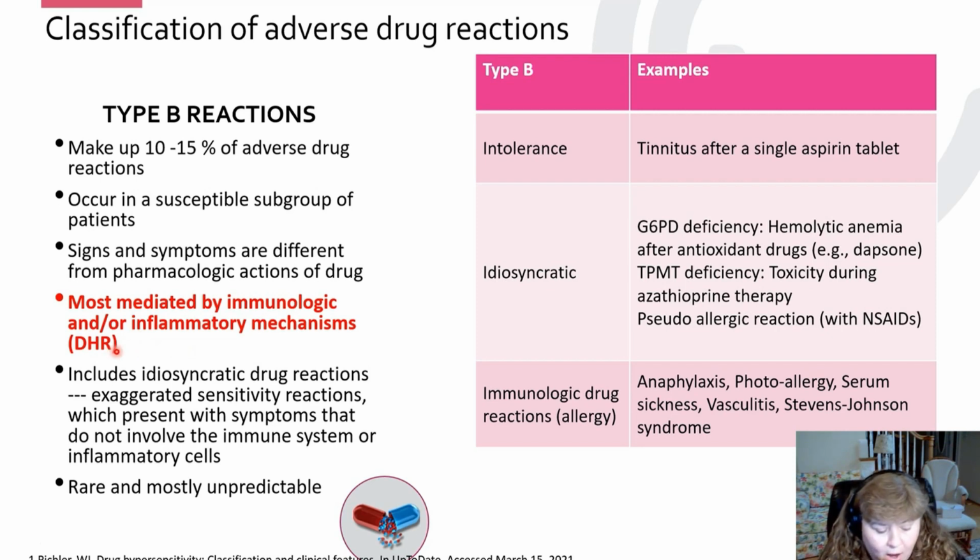That's where our drug hypersensitivity reaction falls, and we also see idiosyncratic reactions falling there. These are much more rare and unpredictable. Examples would be people that get ringing in their ears after they've had aspirin, or patients that get hemolytic anemia after they've had dapsone. Or this is where the thing that most of us think about for drug allergy, anaphylaxis or IgE-mediated reactions, fall.